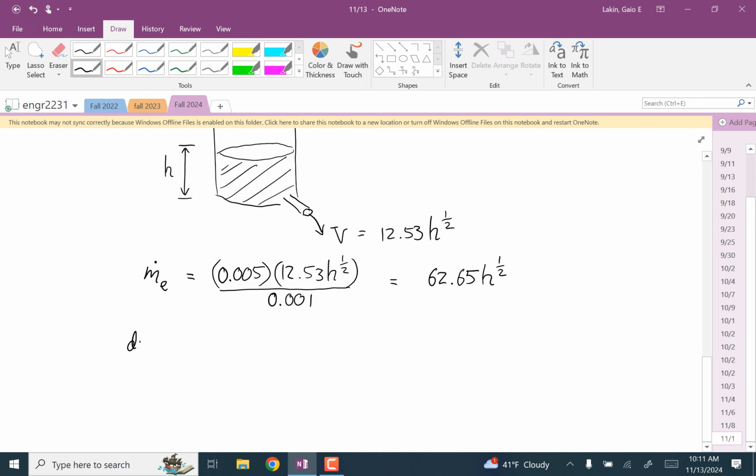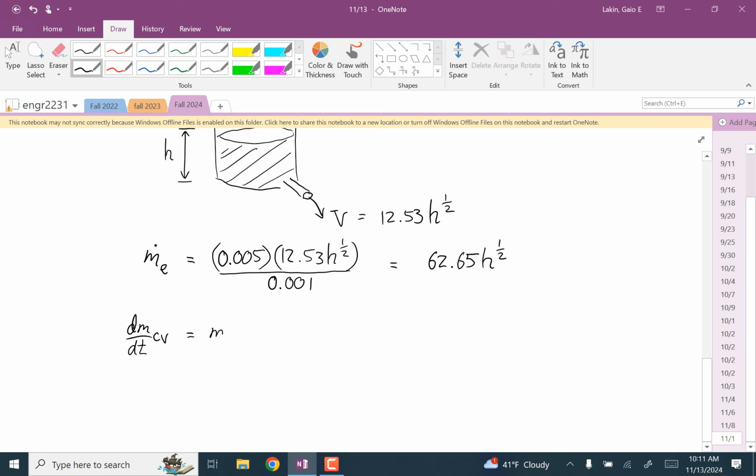And so now we can say dm dt is equal to mi dot minus me dot. And so that's 40 minus 62.65 h to the 1/2. Okay, so that's part A. And then part B is just plugging a value into that.